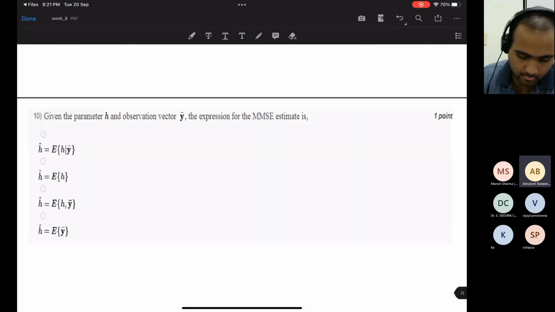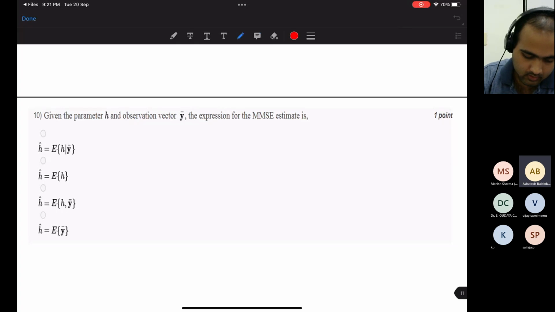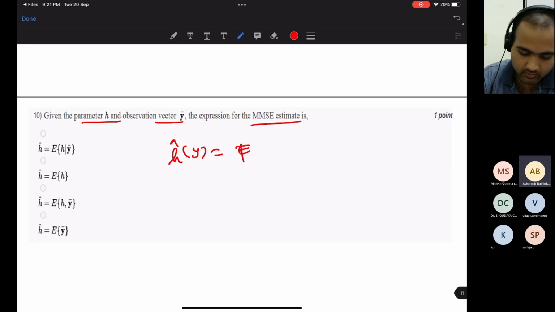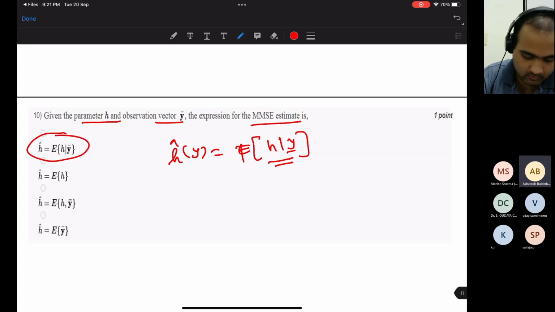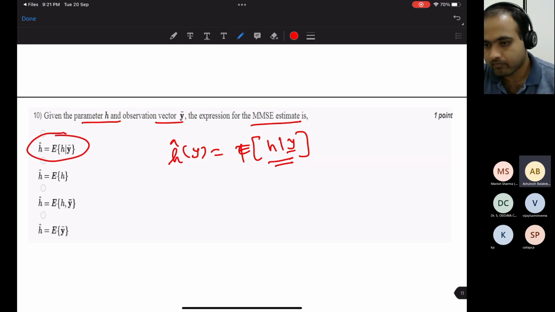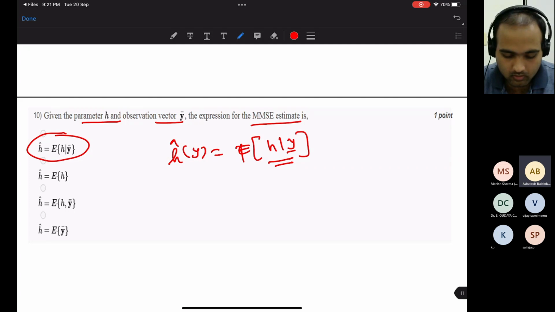And given the parameter h and observation y, the expression of the MMSE is what we computed finally: h hat of y comes out to be the expectation of h given y. That is, you have the posterior itself, which is given here.